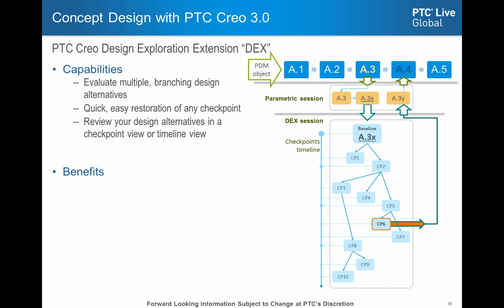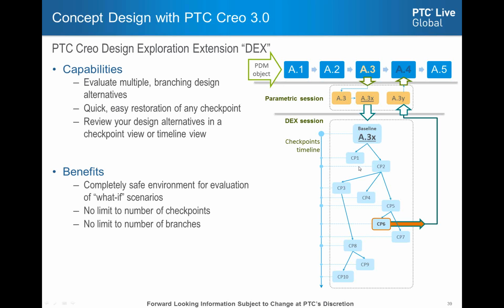So I can load up that design exploration environment and look through all the checkpoints and designs that I did to determine whether that was the right decision to make, or at least understand why I made that decision.